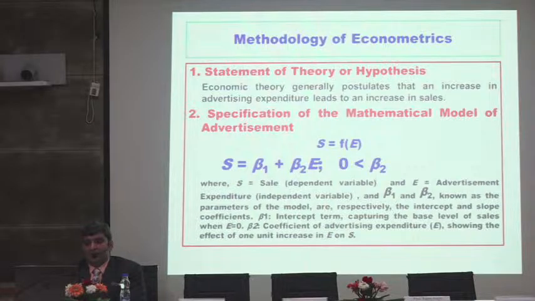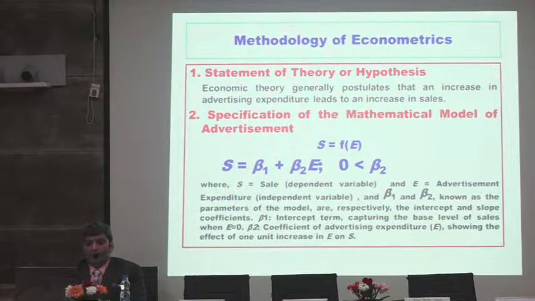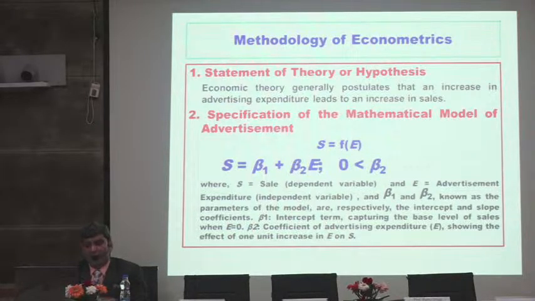So as we increase the value of E, the value of S will increase. The increase depends upon the value of beta 2, because beta 1 is fixed. As we increase E, S increases through beta 2. The higher the value of beta 2, the higher the increase in S. So S and E are related through beta 2. Beta 2 is our slope coefficient.